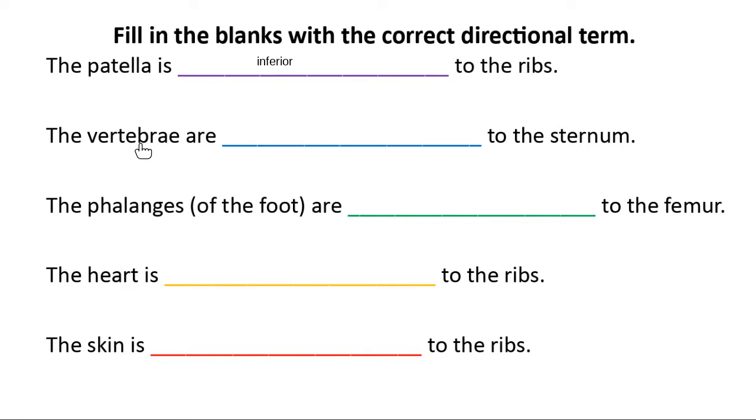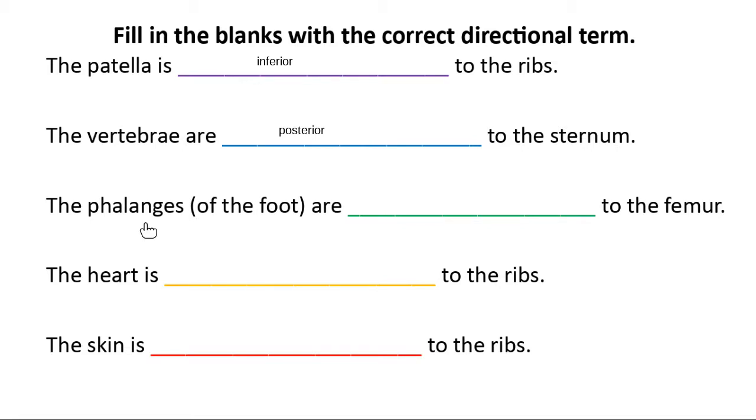The vertebrae are on the back of your body. So which directional term am I going to put in here to compare the vertebrae to the sternum? The vertebrae are blank to the sternum. Yeah, they're found behind the sternum. That means they're posterior. They're behind.